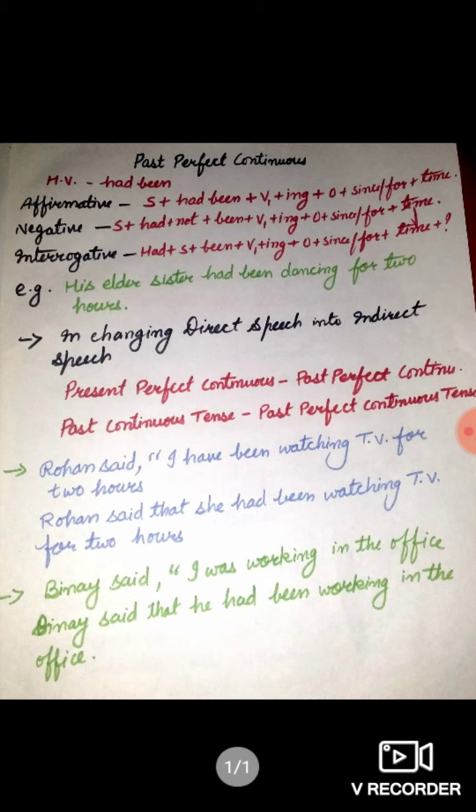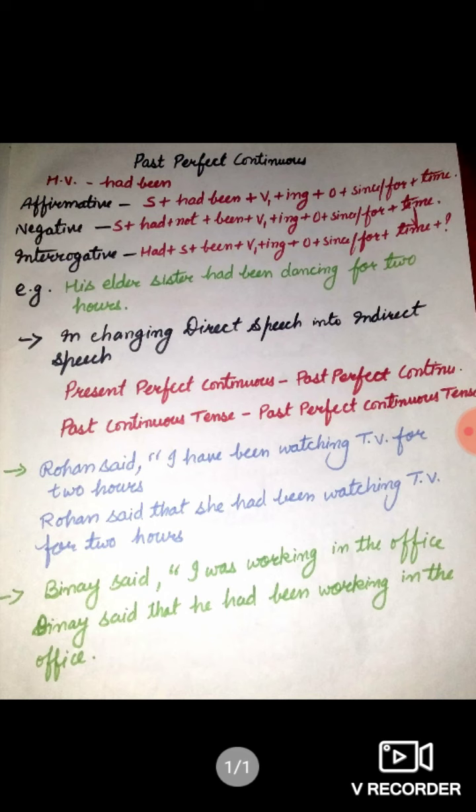In negative sentences, the structure is subject plus had plus not plus been plus first form of verb plus ing plus object plus since/for plus time. And in interrogative sentences, helping verb comes first, had plus subject, thereafter been plus first form of verb plus ing plus object plus since/for, and time, shown with question mark.